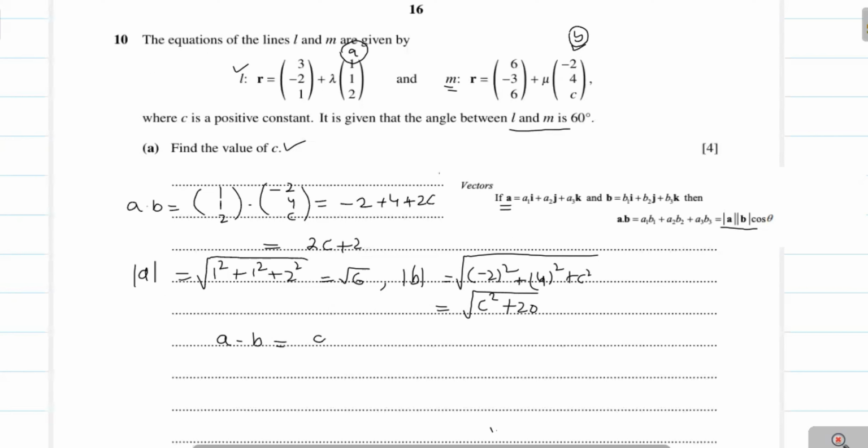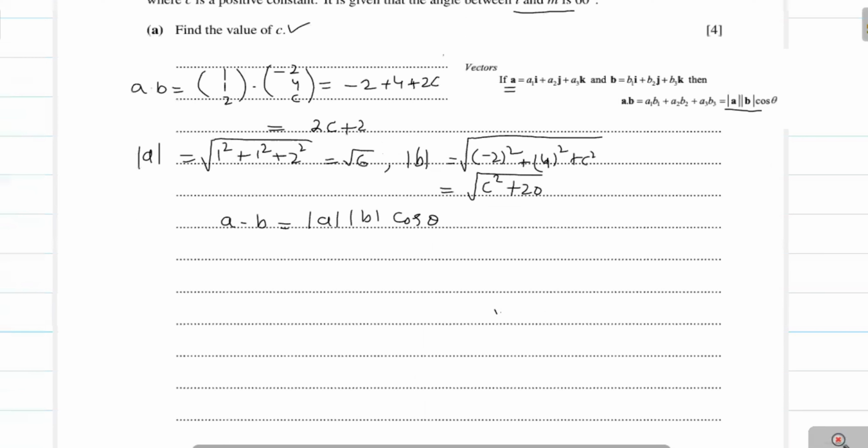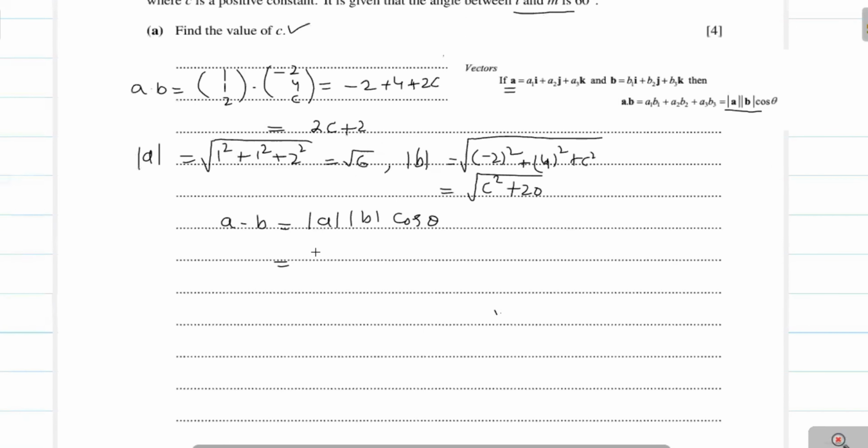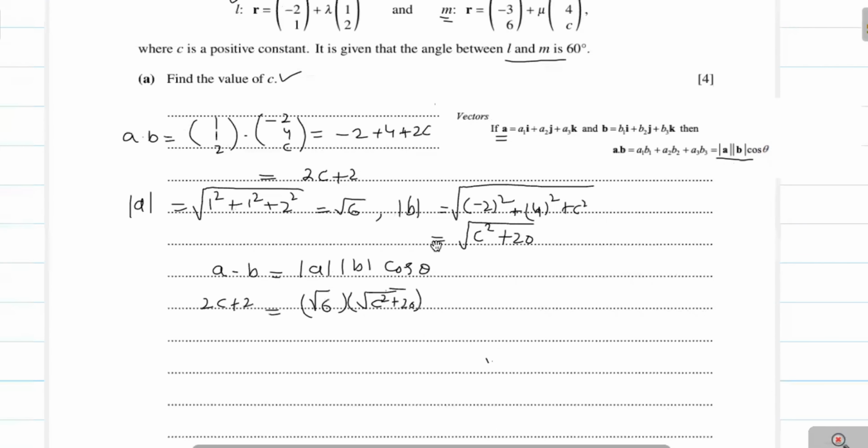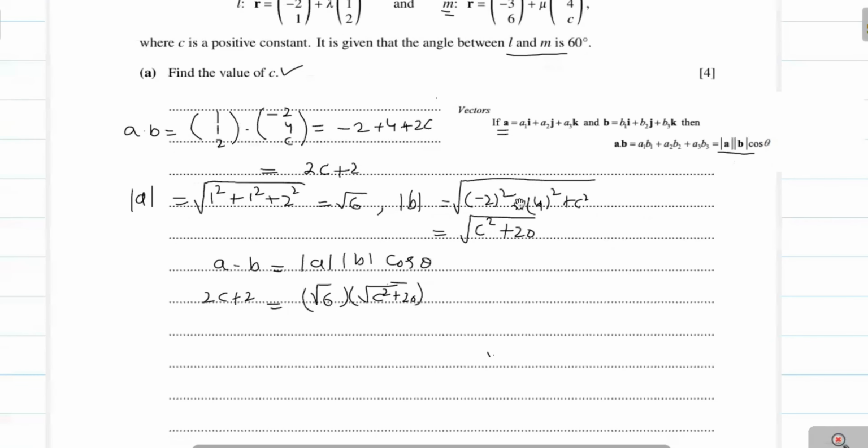A dot B equal to A magnitude, B magnitude, cos theta, and therefore A magnitude here is square root of 6, and the magnitude of B is square root of C square plus 20, and the A dot B here is 2C plus 2. The cos theta, the theta here is 60 degree.